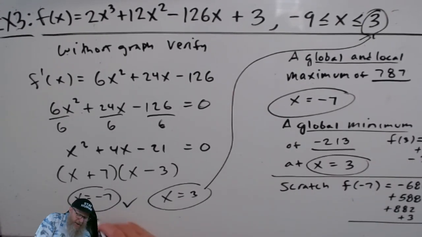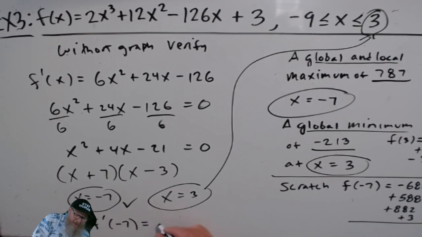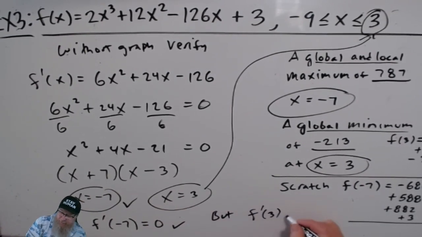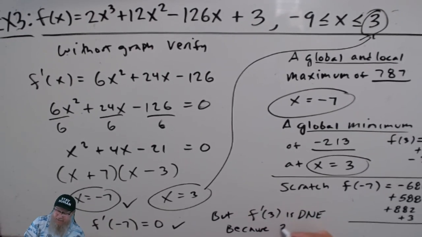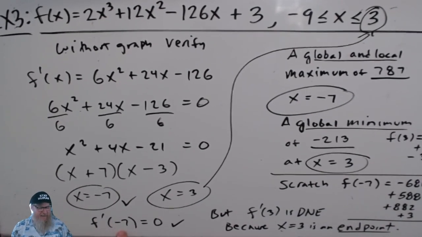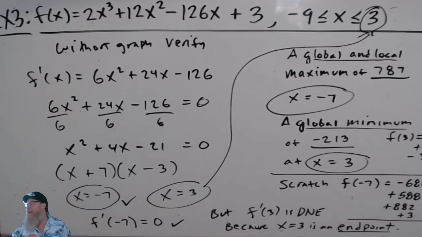So we know that f prime of negative 7 is 0, check, but f prime of 3 is DNE because 3 is an endpoint. I know I'm really belaboring that point, but it is important. It's an important distinction between being able to take the derivative at a point if it's in the middle of the interval versus not being able to if it's at the end of the interval.